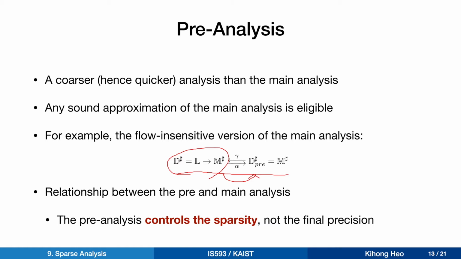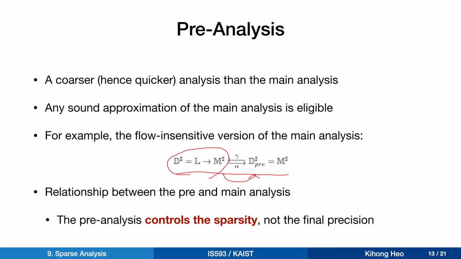What happens? The important thing is that if the pre-analysis is a sound approximation of the main analysis, then the precision of the pre-analysis does not affect the final precision of the main analysis. It only controls the sparsity.